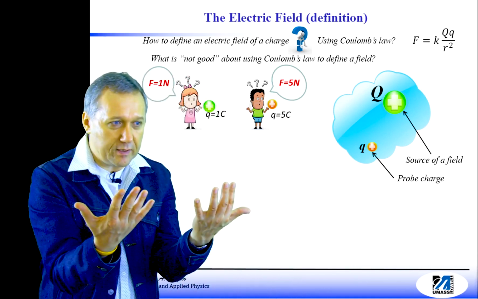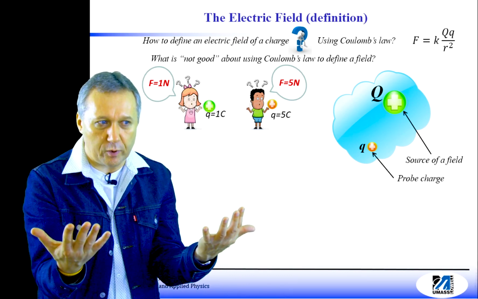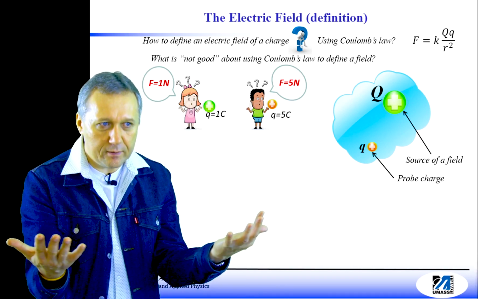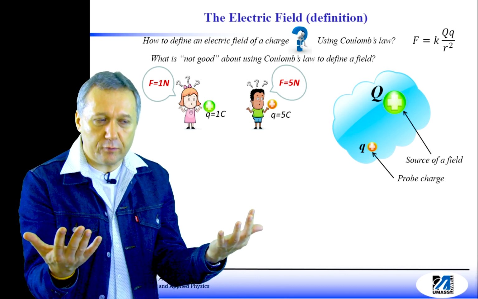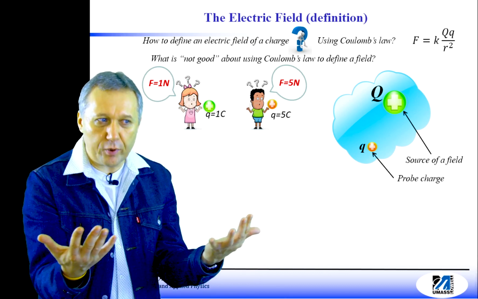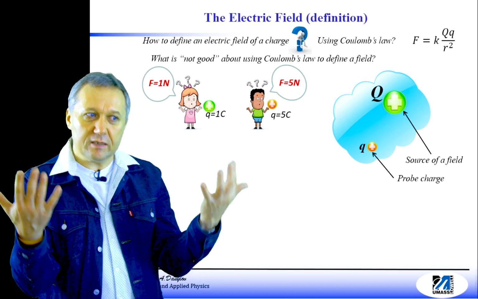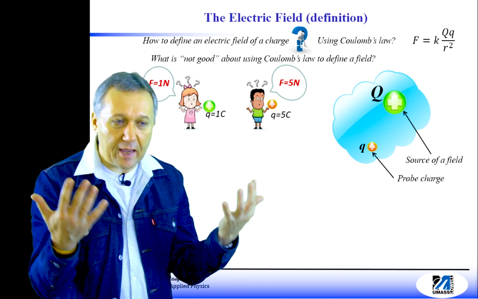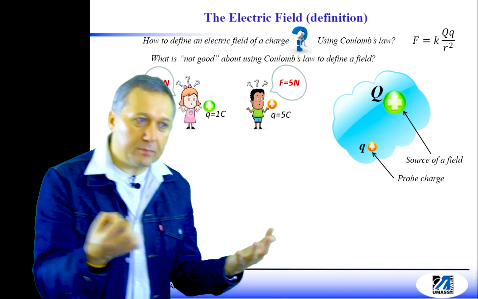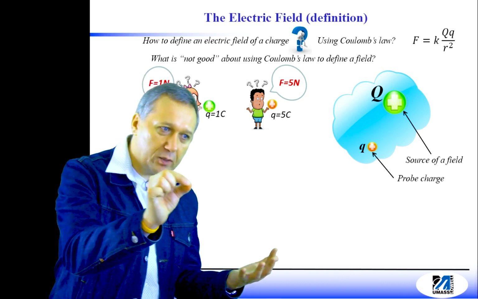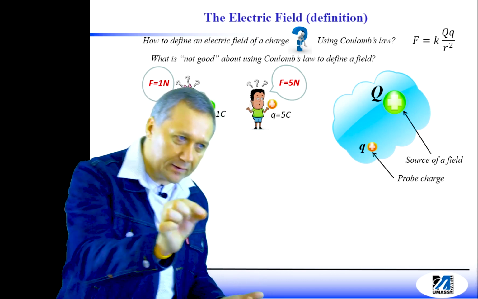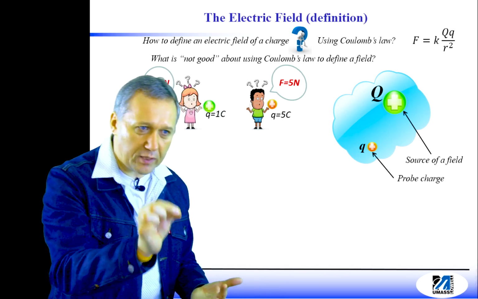Boss will look at these 2 reports, and first reaction will be what? Are you guys crazy? How come the value of the electric field at the same point has 2 different values? It's impossible. It doesn't make any sense, because a field must be uniquely defined. It means that if you take a single point, there must be a single number connected to that point.